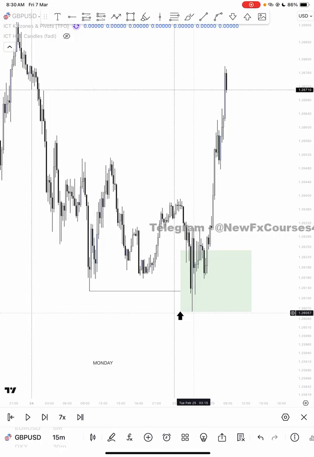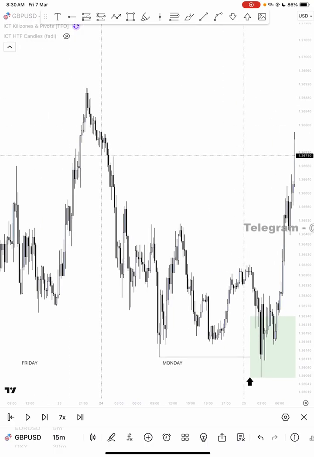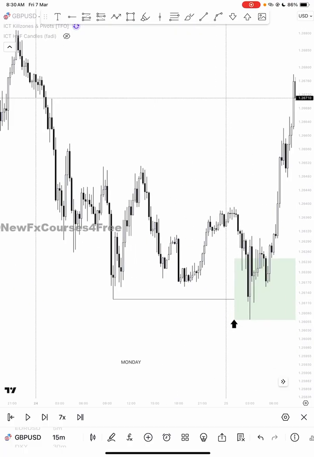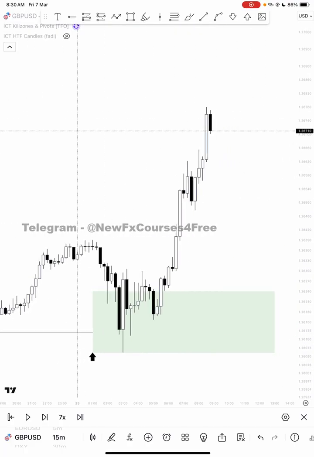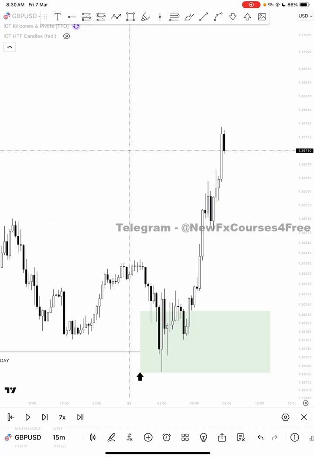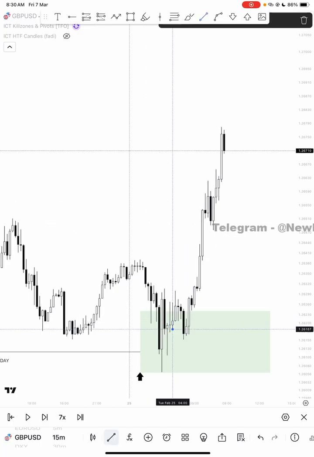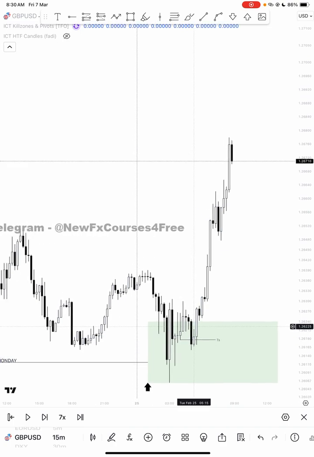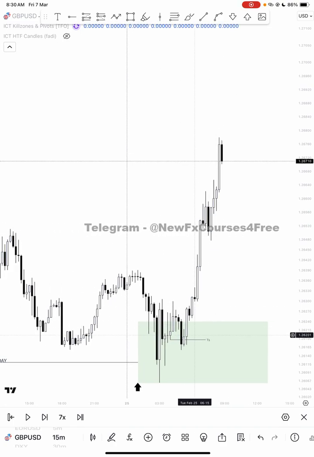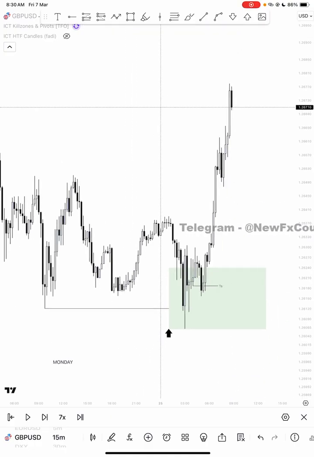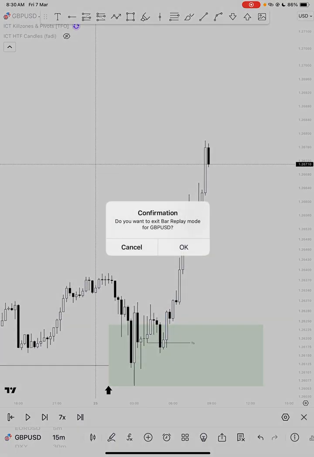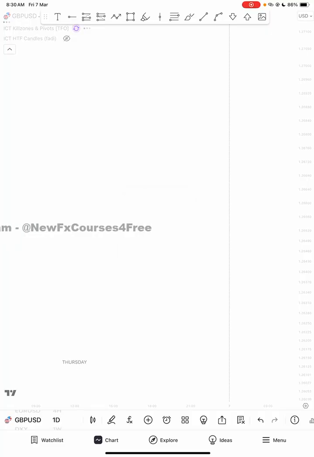You can take your turtle soup buy here, and you can target all these low resistance liquidity runs over here. And you got a second opportunity as well. This was another turtle soup, which actually happens at the beginning of a new hourly open. So that's how you use the 4 hour open, high, low, close.